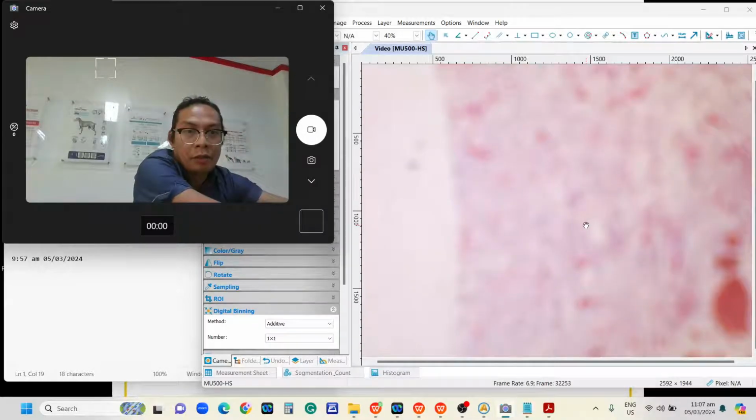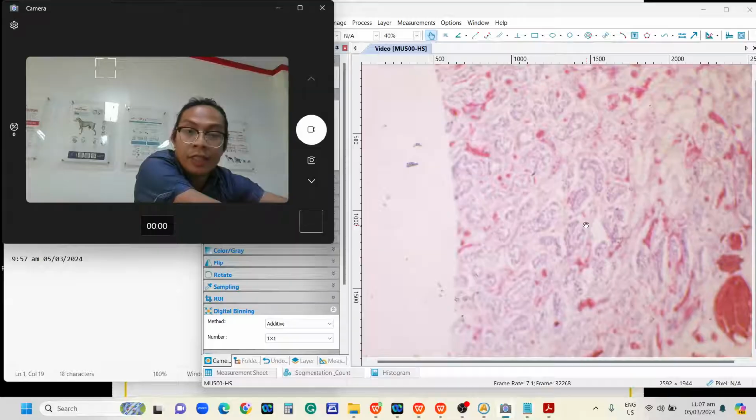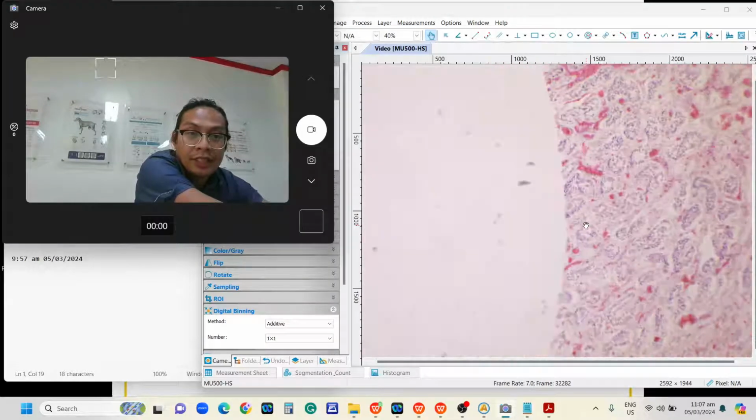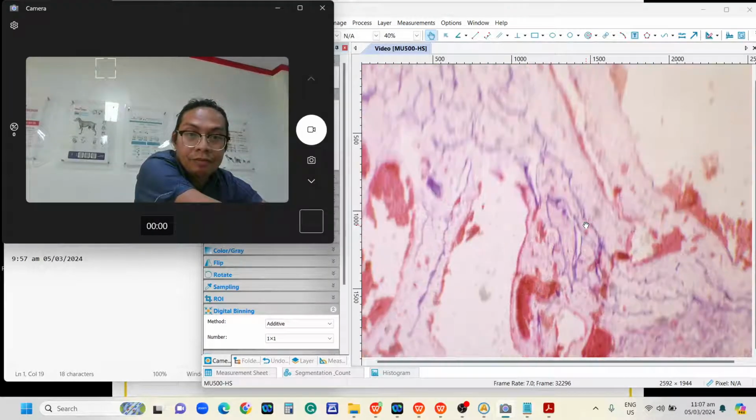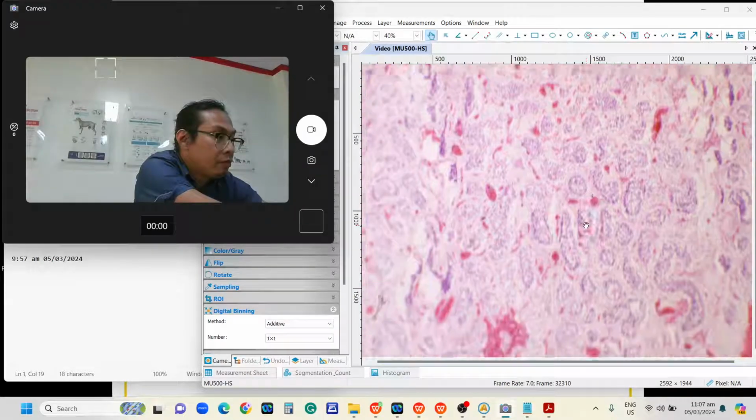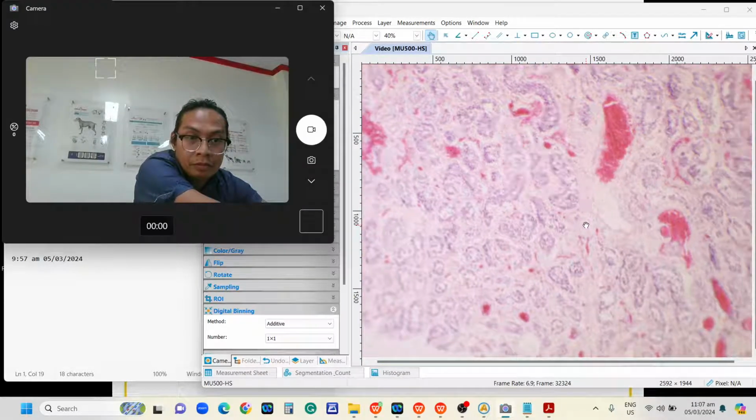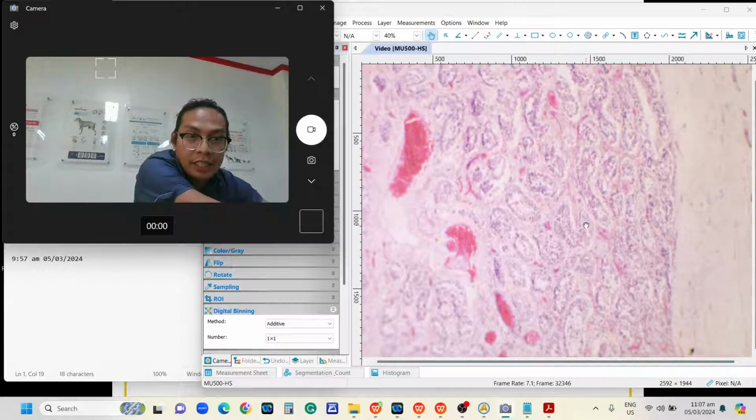A good example is the testes. Sa gilid para kitang-kita natin siya ay mga tubes.